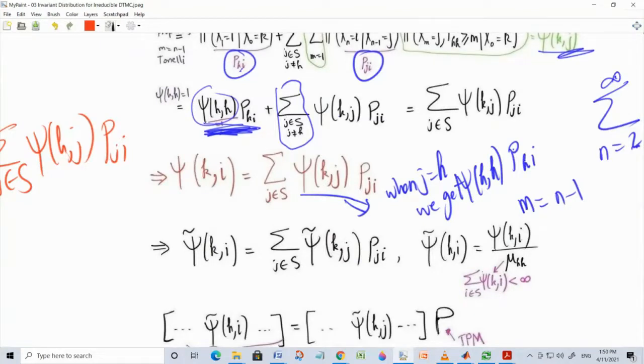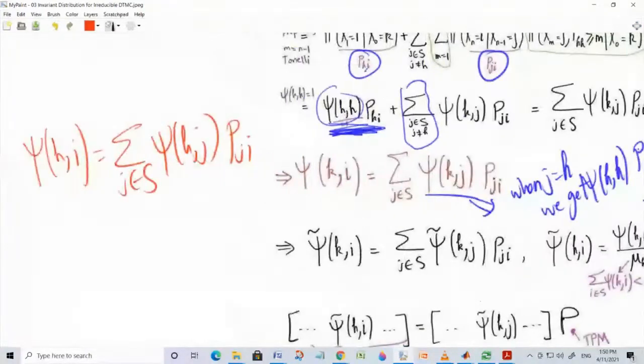That's the reason we need it to be positive recurrent, because if it's non-recurrent, this mu_kk will be infinity and we will divide by infinity. We don't want this. We want to divide by a finite number, and that's the reason we need a positive recurrent state.